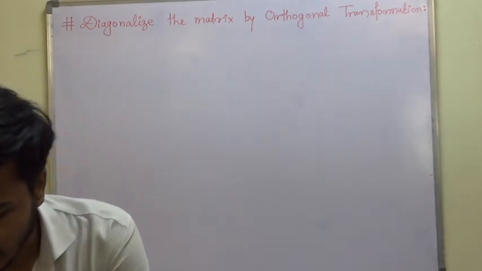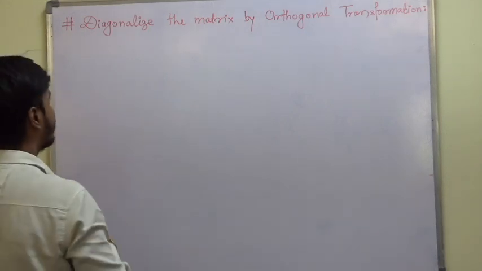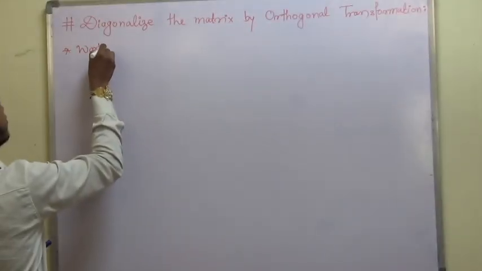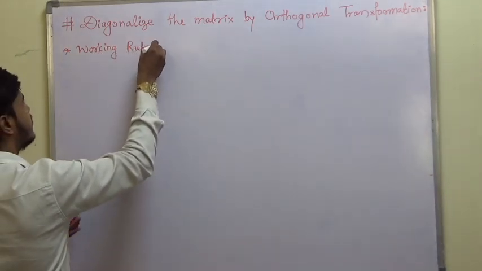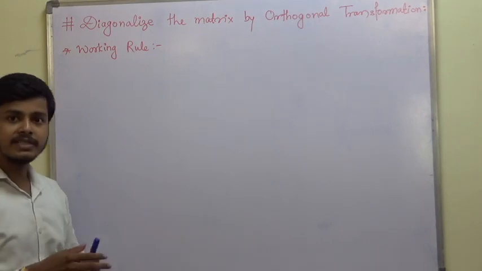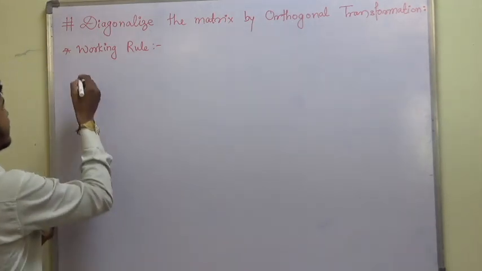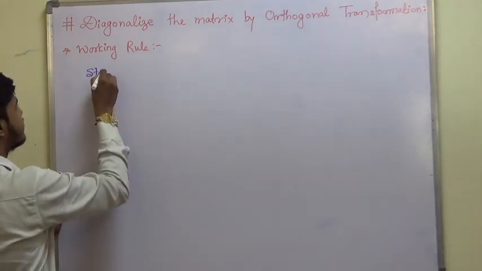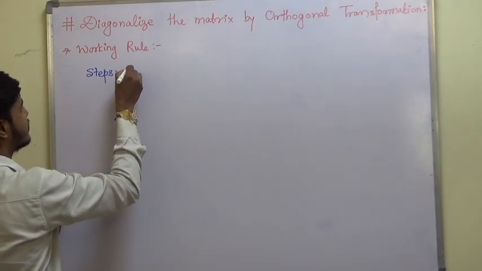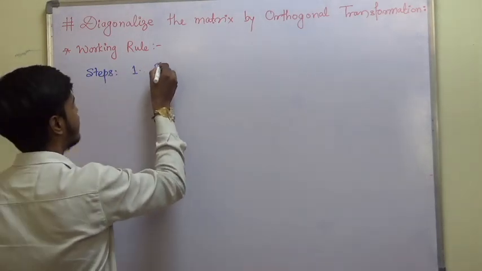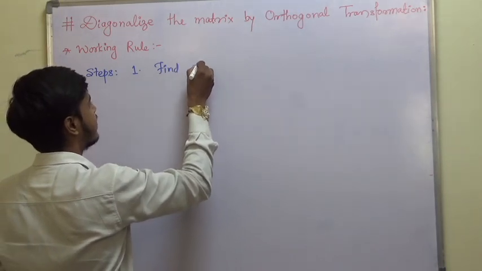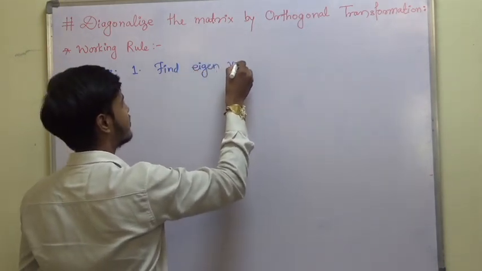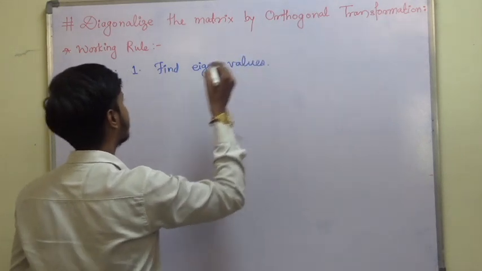So, the working rule. Let me write down the working rule. It comprises 6 steps. Step number 1: find eigenvalues.